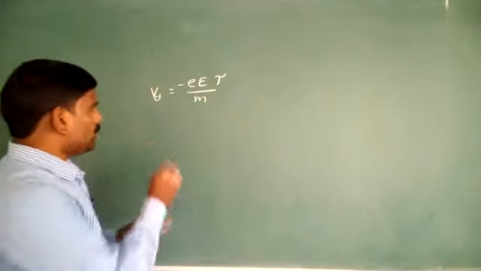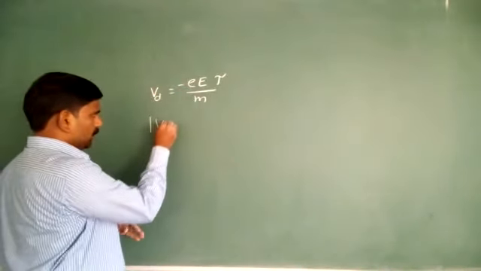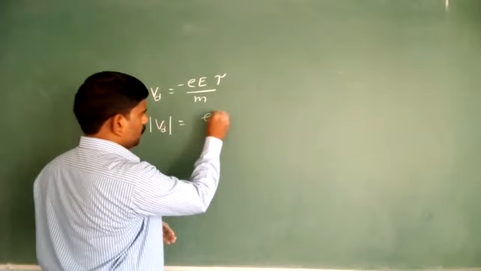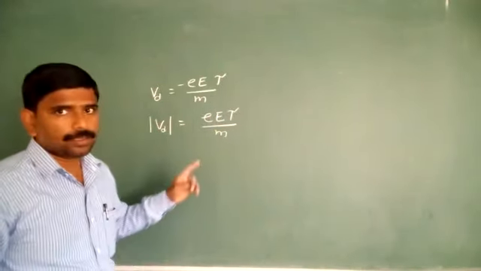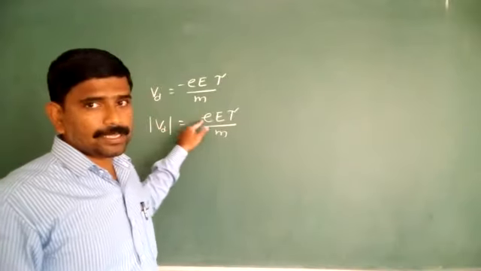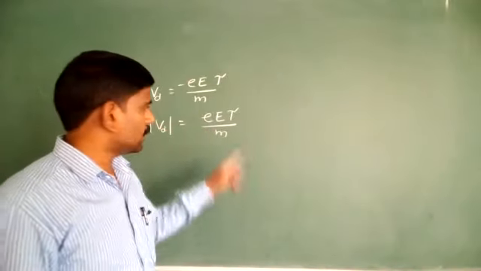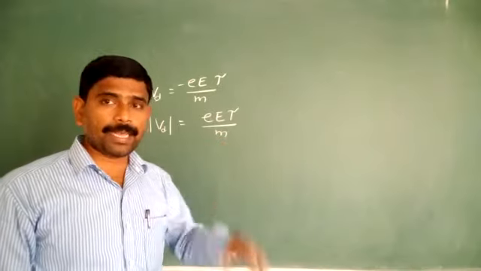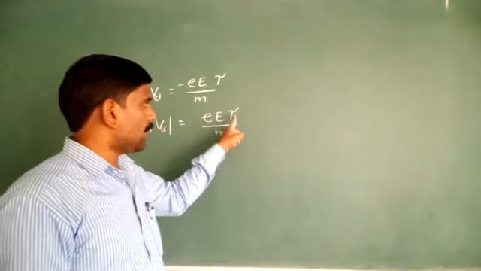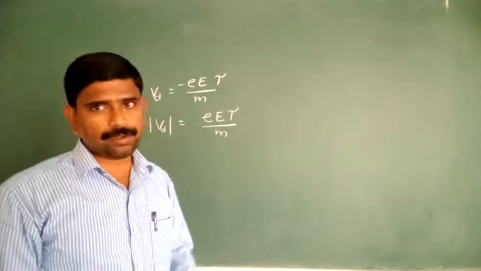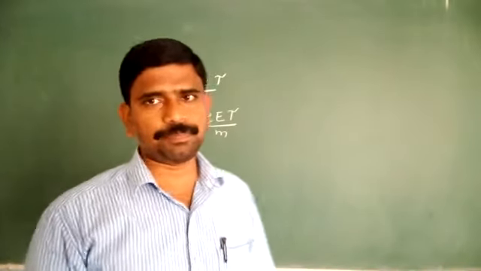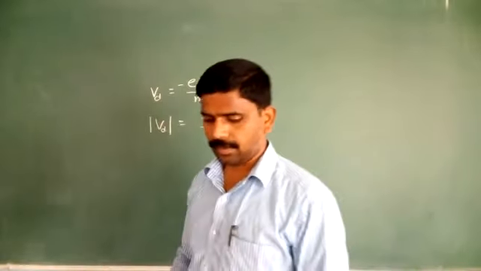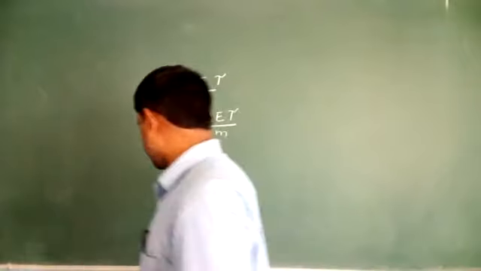So the magnitude of the drift velocity is eEτ/m. Here small e is the charge of the electron, capital E is the applied electric field, τ is the average relaxation time, and m is the mass of the electron.